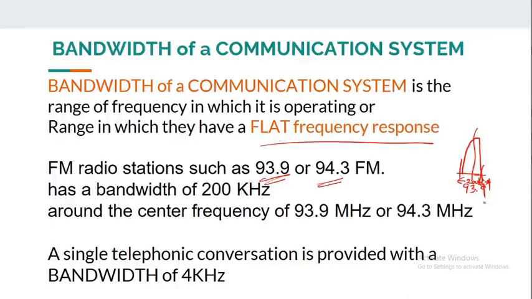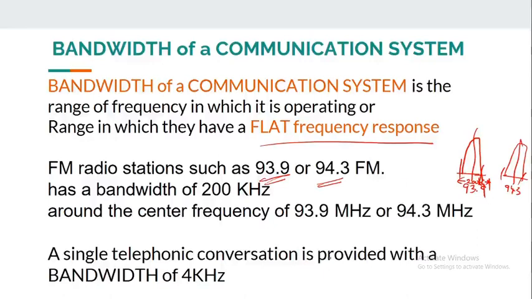That channel is designed to operate between these frequencies only, whereas this channel is designed to operate in this frequency, that is 94.3, with some 200 kilohertz band. This is called the bandwidth of a communication system. This also can be explained very easily if we have a knowledge of the frequency domain in our mind.